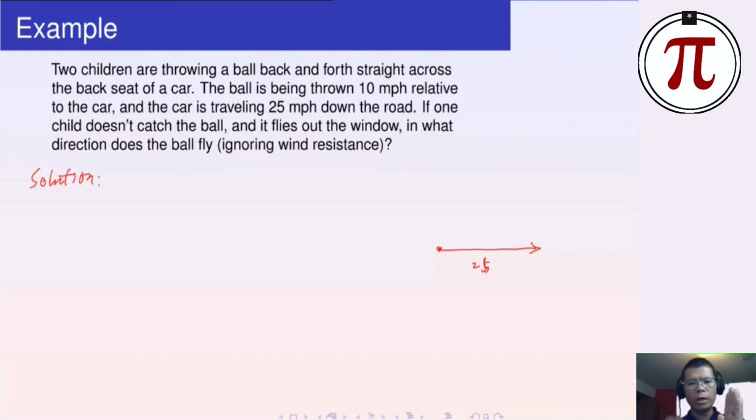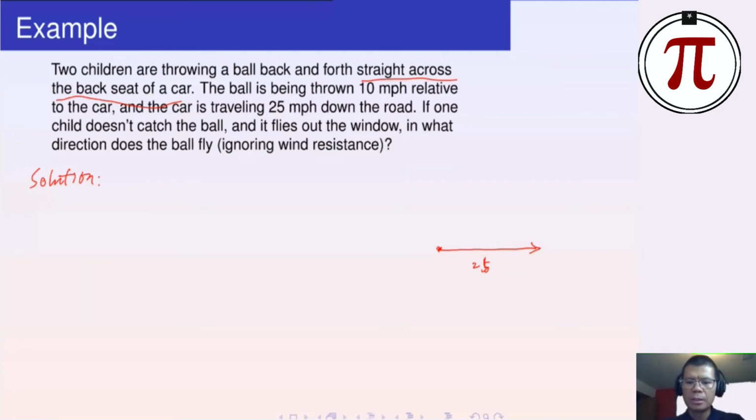But if this car vehicle is traveling along the road, then straight across the back seat of the car is going to be at a right angle to this road.